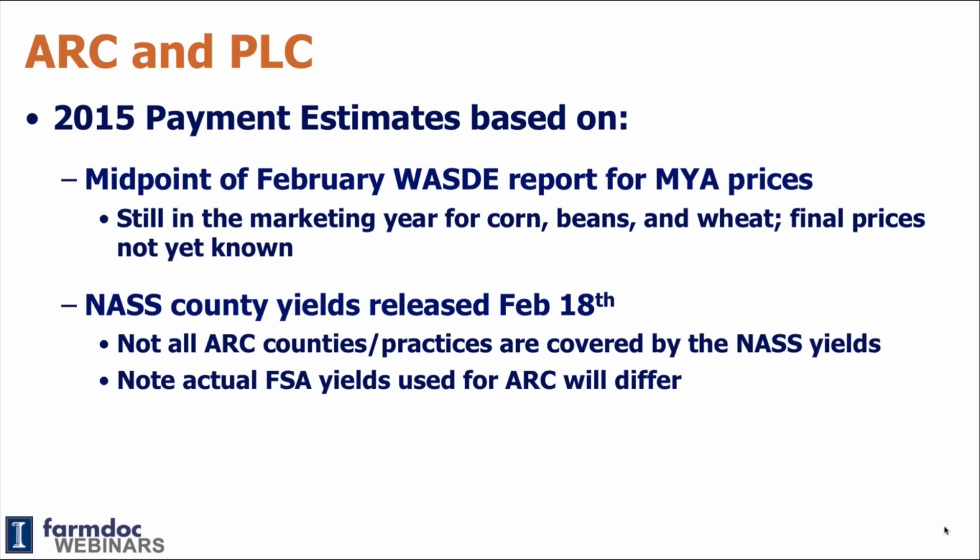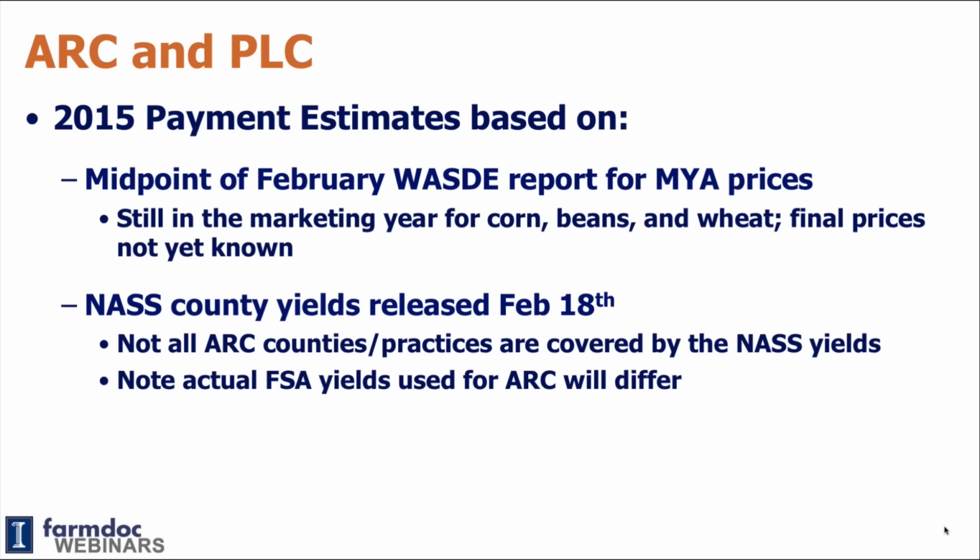As you'll see, NASS county yields don't cover all of the counties that FSA will cover for ARC programs. There are quite a few counties that I wouldn't call major production areas. That's why they don't have a NASS yield. But there are quite a few counties that are not covered by those NASS county yields, which means that the NASS yields won't be used in the final yield calculation that FSA does.